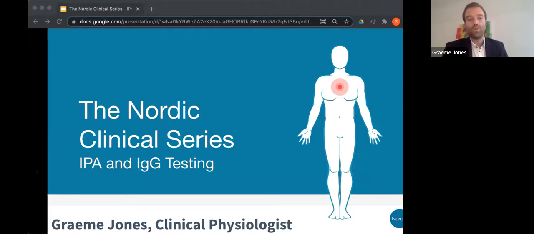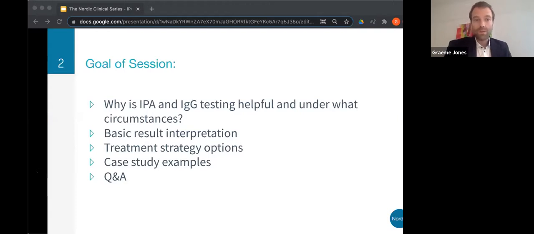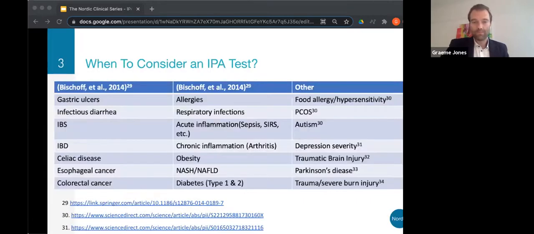We'll go through the standard questions like why IPA and IgG testing are helpful and under what circumstances. There are definitely different opinions on both of these tests from all sides of medicine. We'll go through basic result interpretation, treatment strategy options, and I'm going to get Anne-Catherine to repeat some of her case study examples, and we'll show some results. Hopefully we'll then get to your questions as well.